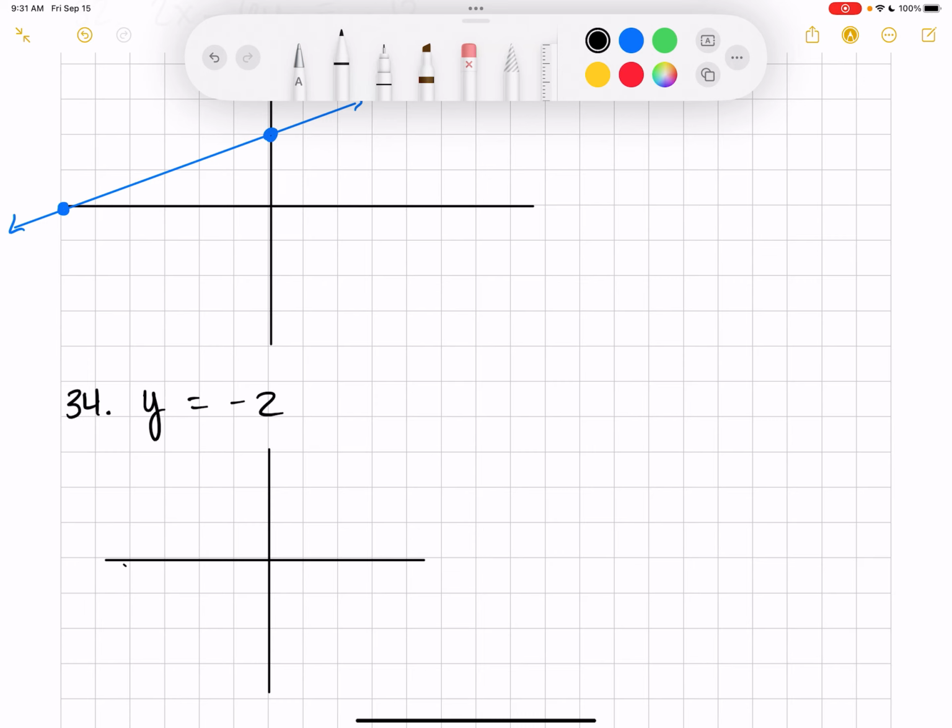It's a horizontal line. It's just down here, on the axis. If it was x equals, what would it look like? Oh, it'd be undefined. Slope would be undefined. It'd be a vertical line.